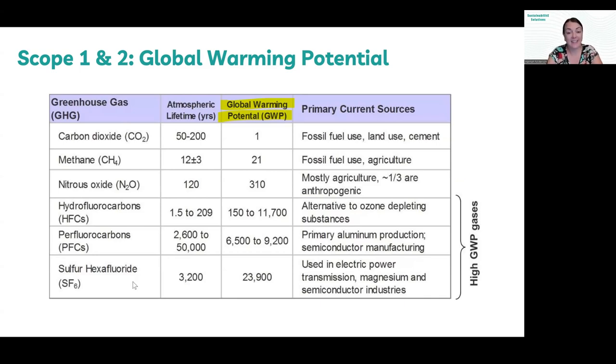So these gases last a lot longer in our atmosphere, and they're used in refrigerants, so they have really good heat trapping capabilities. Their global warming potentials are thousands of times that of the natural greenhouse gases. So they're particularly potent.